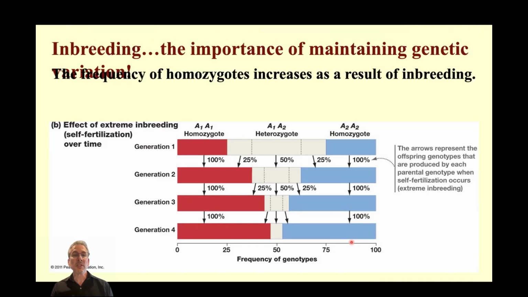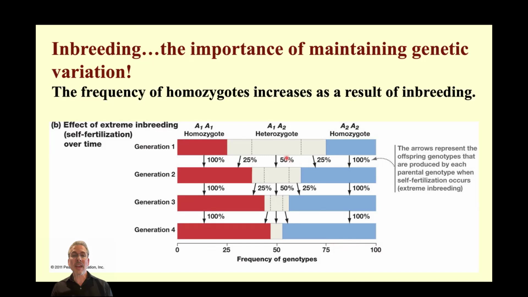And in those situations, what you see is that that tends to result in an increase in the homozygous genotype, whether it be homozygous dominant, like we see here in red, or homozygous recessive, let's see here in blue. Those genotypes increase in frequency over multiple generations, whereas the heterozygotes decrease in frequency. And you can imagine, we're self-fertilizing here.